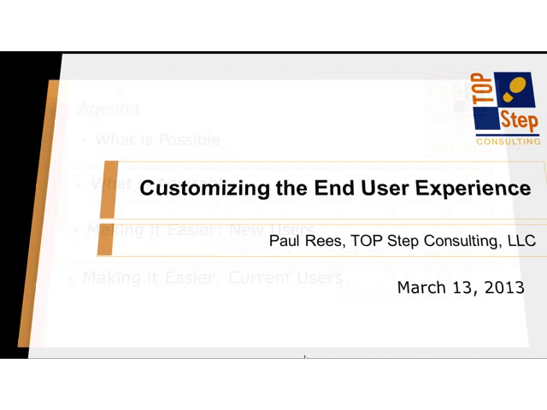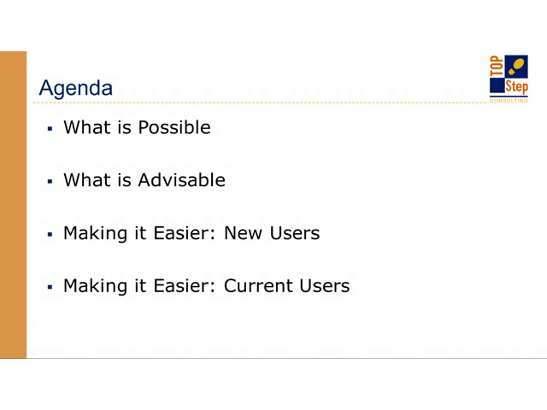Okay, so we're going to cover a lot of different things, but I think of them in four main areas. What is possible? What are all the things that you can do that affects the UI? And then once we cover all of those things, we're going to try to narrow that down and say, well, just because you can do everything doesn't mean it's all a good idea all the time. So we're going to talk about some recommendations.